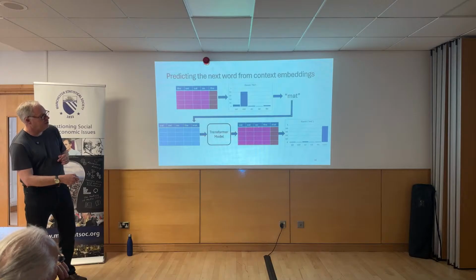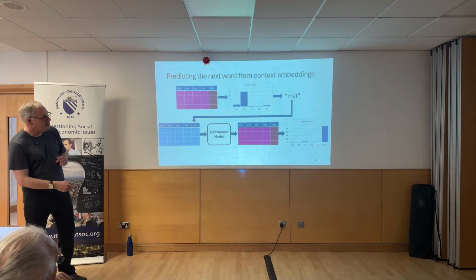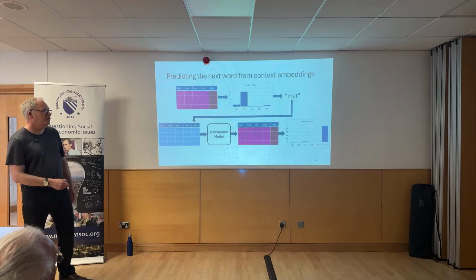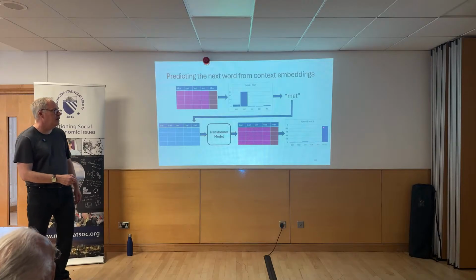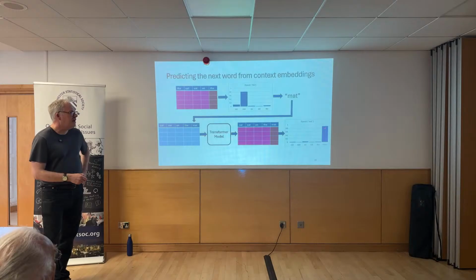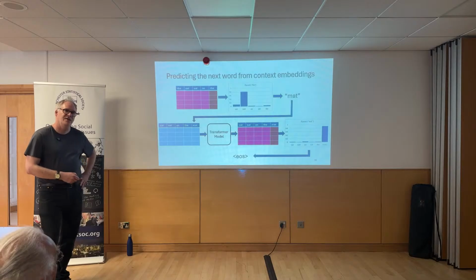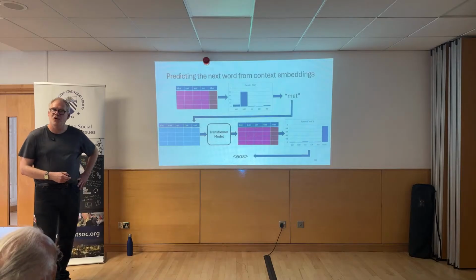That gives me new context-aware embedding vectors. I take the last context-aware embedding vector and feed it into my multi-class classifier. That gives me a new probability distribution, and I just read off which is the most probable word that I'm going to get. In this case, the most probable word is this strange word here called EOS in brackets. It's short for end of sentence. It's basically telling me stop.